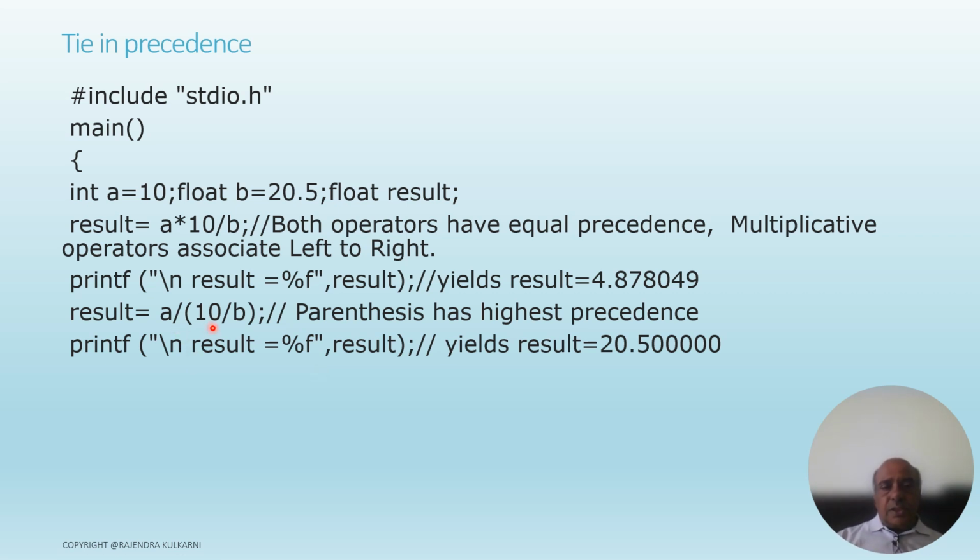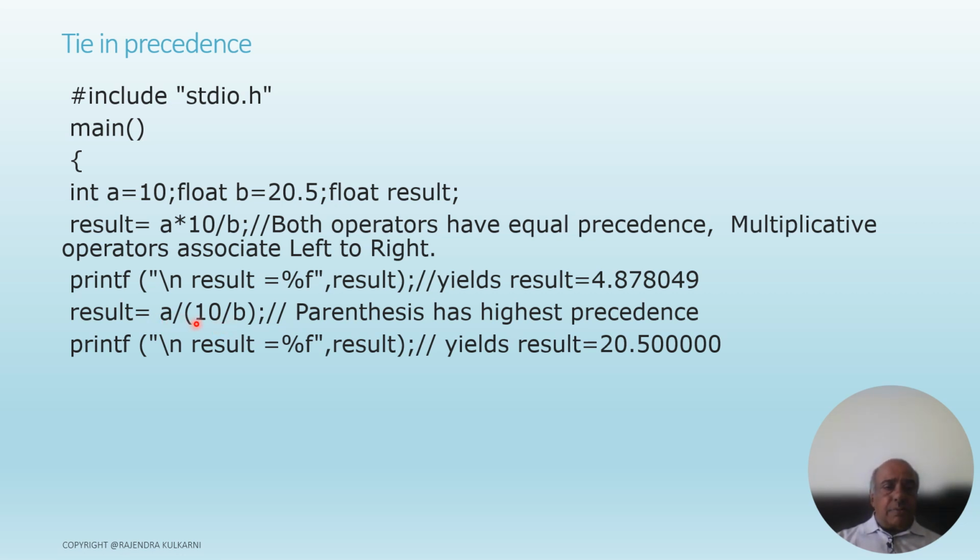Now in this expression, A divided by parenthesis 10 divided by B. Parenthesis has the highest precedence. So the result will be first 10 divided by B, which will be 0.4 something. Then divide A by the result.